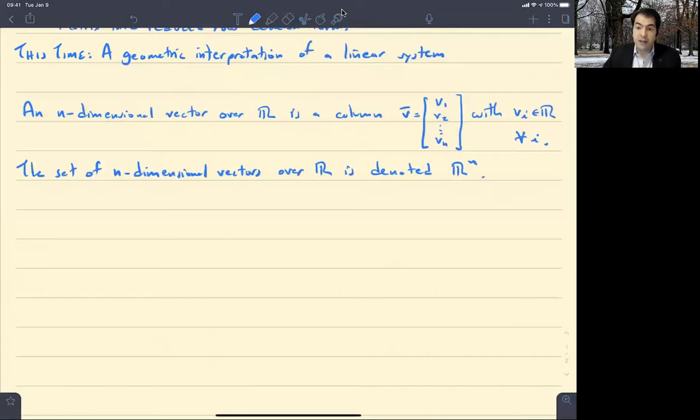R raised to the nth power, which we'll just pronounce Rn. Okay. We have two algebraic operations on Rn. One of them is scalar multiplication.